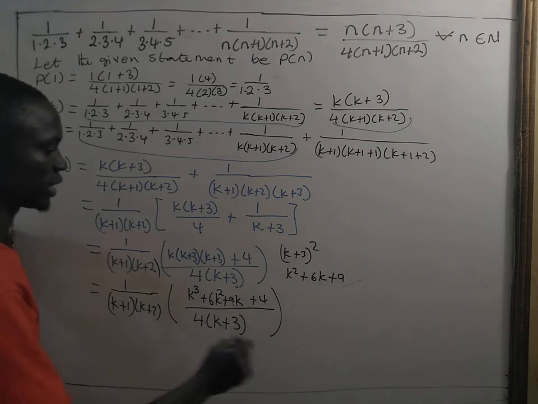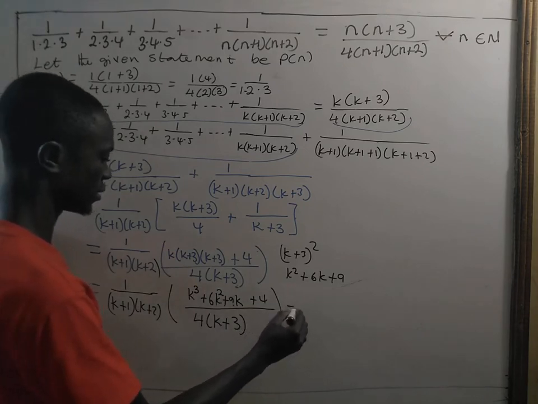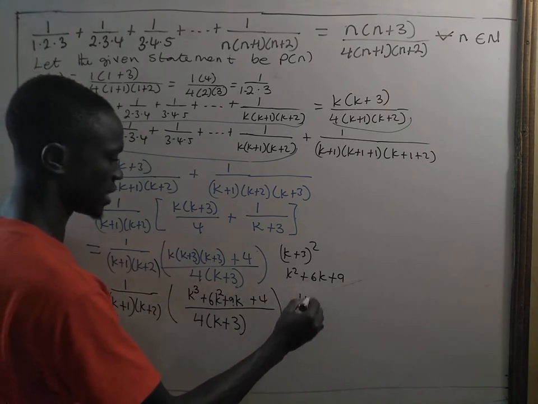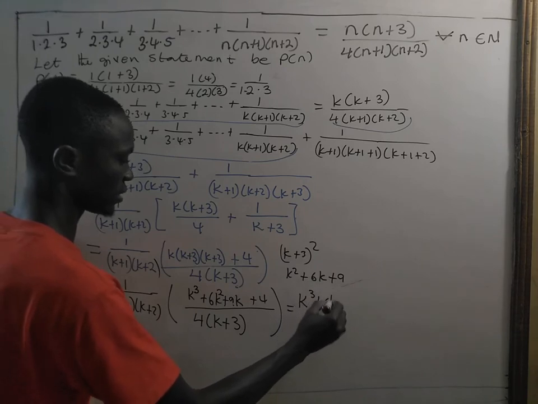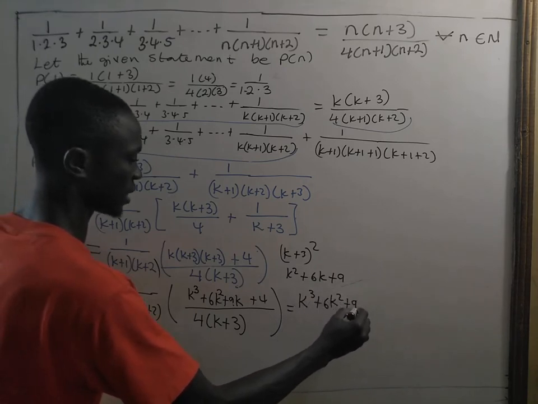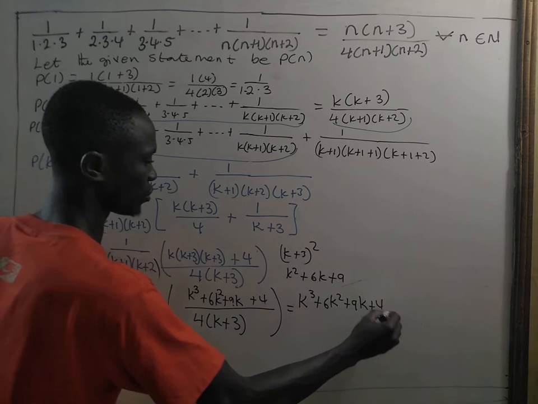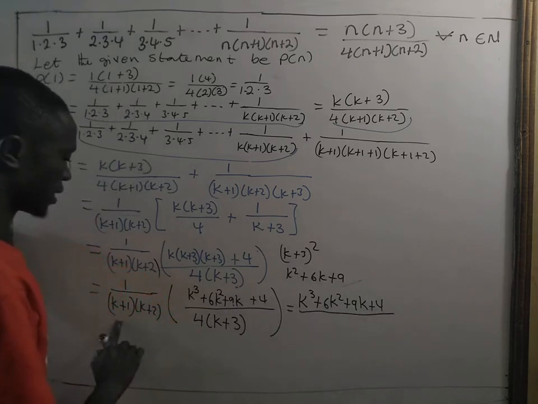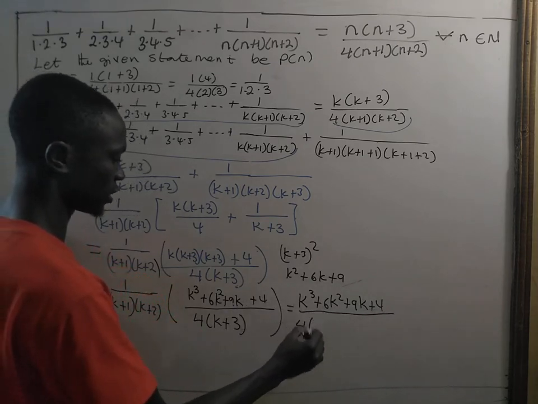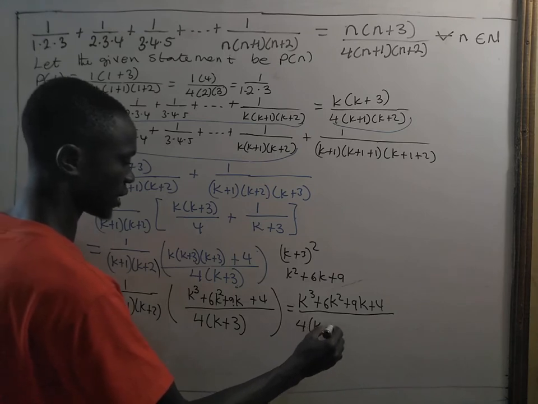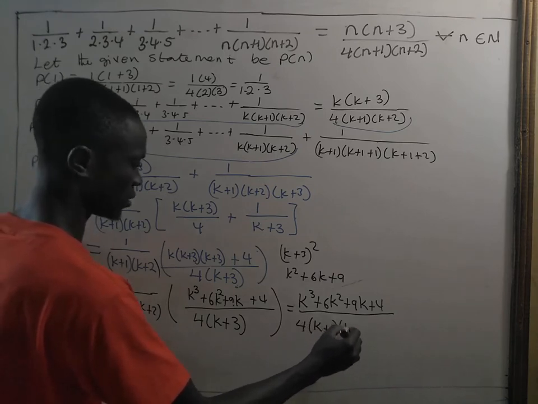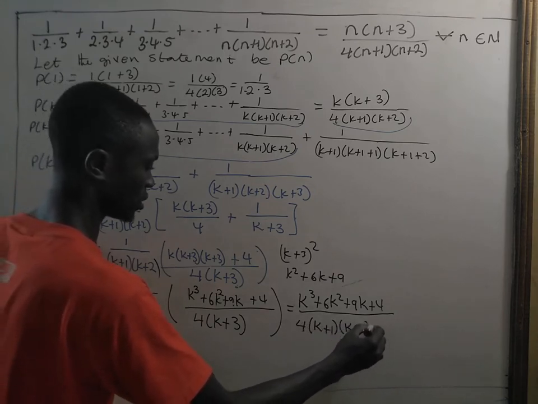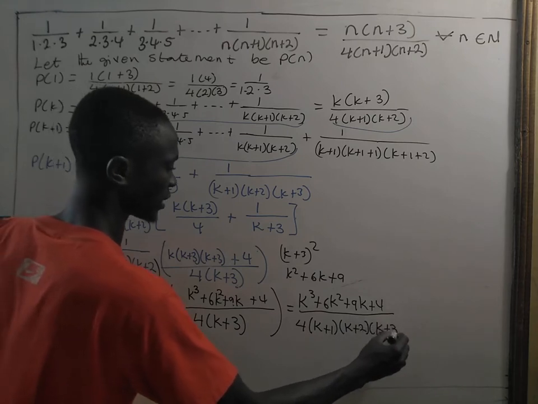So now we can expand to get k cube plus 6k squared plus 9k plus 4 all divided by 4 times k plus 1 times k plus 2 times k plus 3.